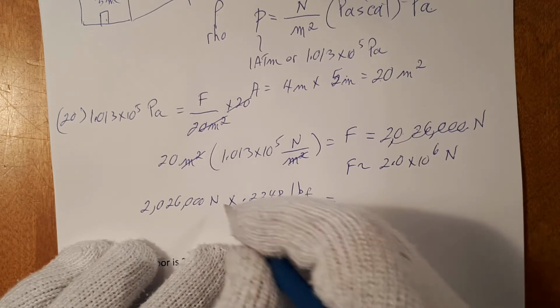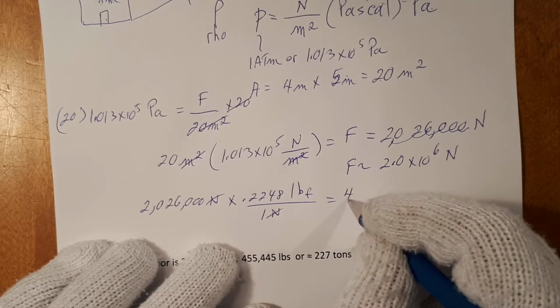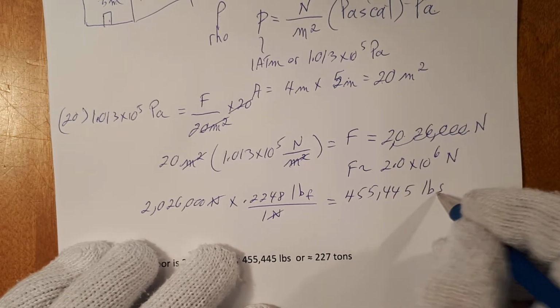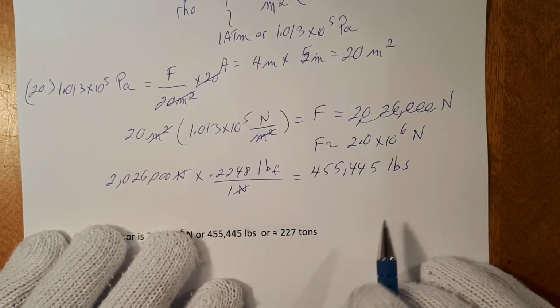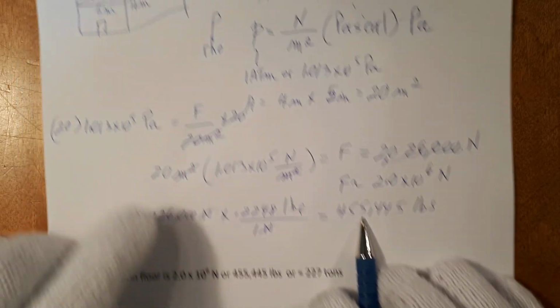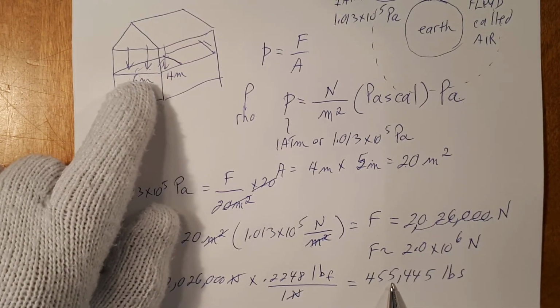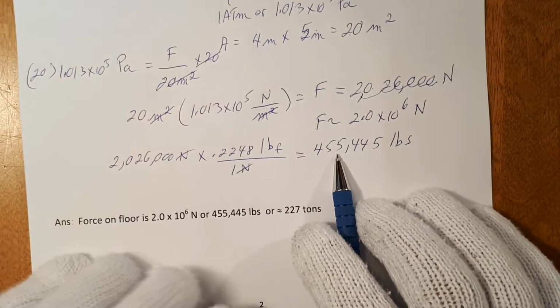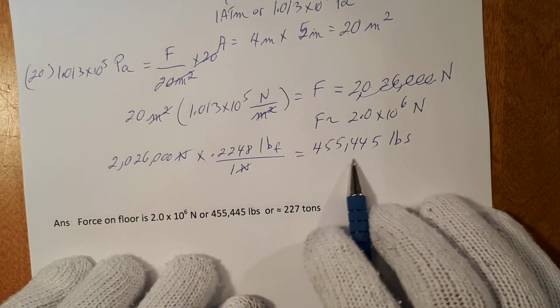And that's equal to, the newtons will cancel out, 455,445 pounds. Oh my God. 455,000 pounds is resting on top of that floor. That is a huge number.